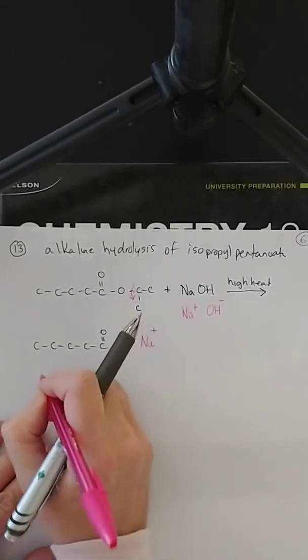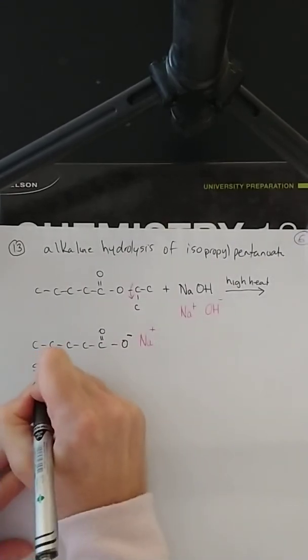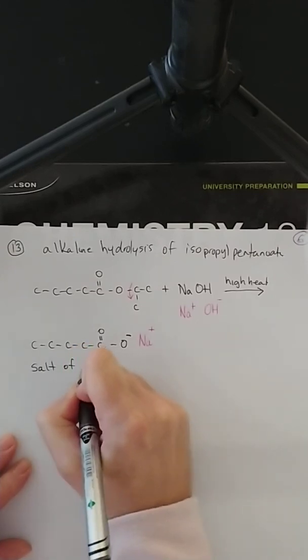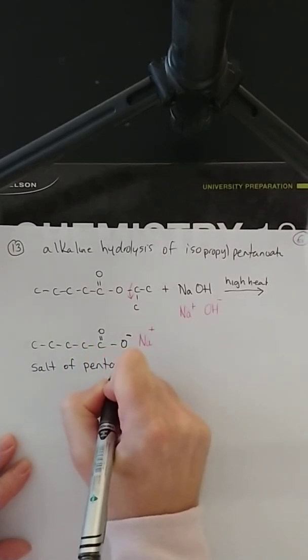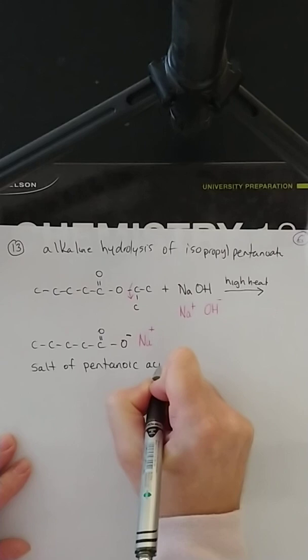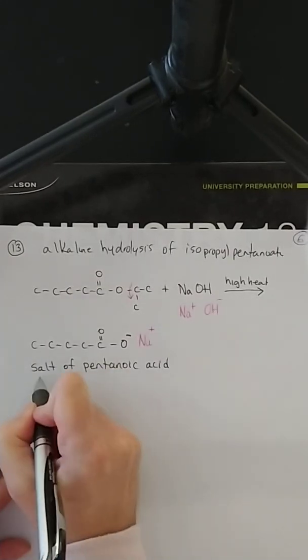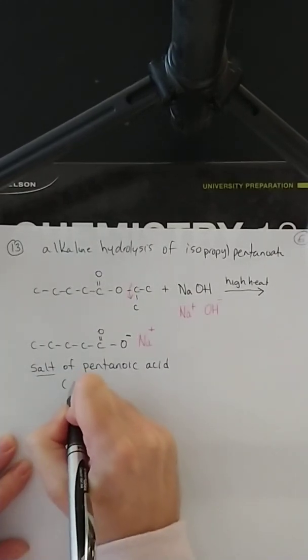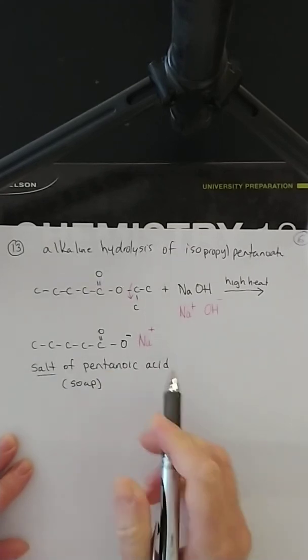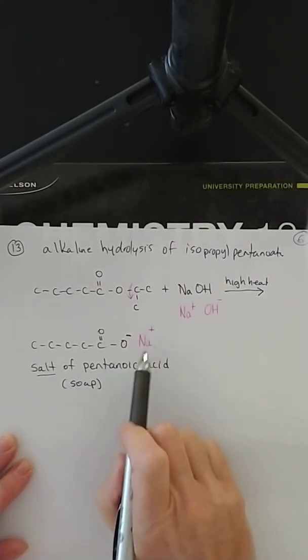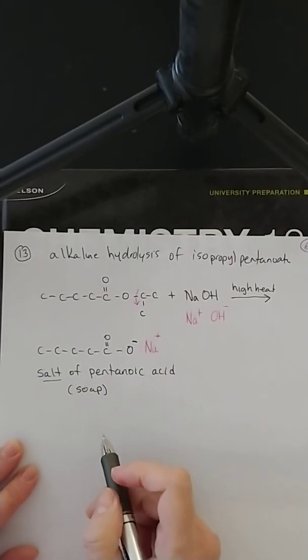So this is called a salt of pentanoic acid. We didn't actually make pentanoic acid, we made a salt of pentanoic acid, and this is your soap with your polar hydrophilic end and your nonpolar hydrophobic end.